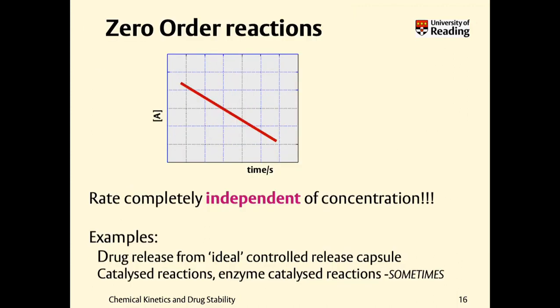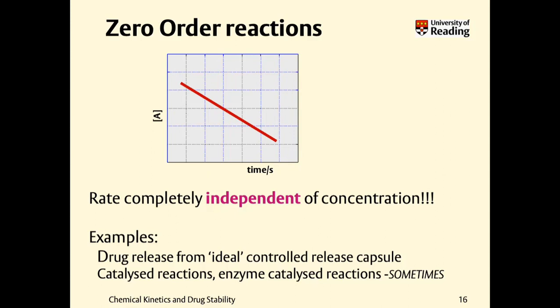One final example I would like to mention to you now, that you will hear this term in pharmaceutics lectures, is the term zero order reactions. And you'll hear this, as I said, when looking at controlled release of a drug from a particular formulation in pharmaceutics, and when considering the role of an enzyme in a reaction.